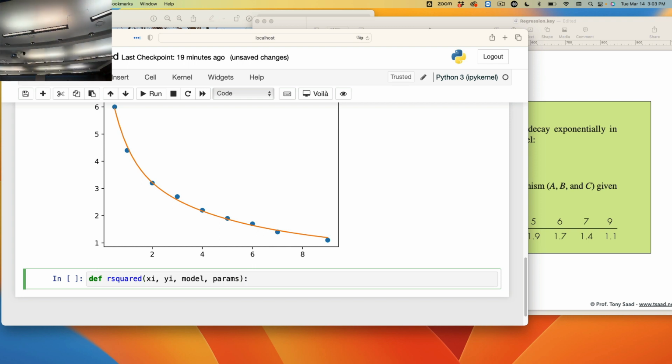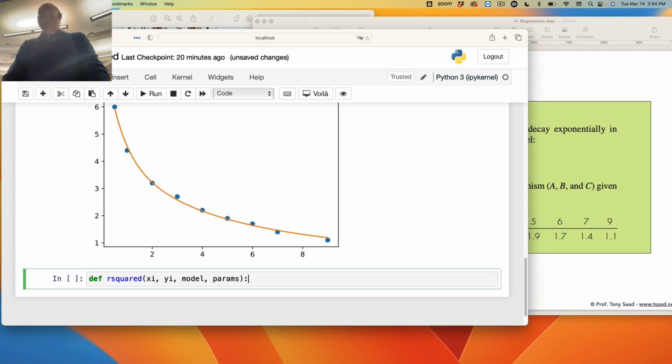Notice I'm assuming that params is going to be an array of parameters, because I want to reuse this function for any regression model we're going to be dealing with for the rest of the semester. I'm going to use that feature of dereferencing *sol to pass those parameters around, so we don't have to put A, B, and C, or A, B, C, D, E, F, G, etc.